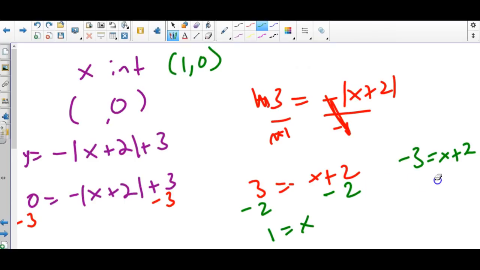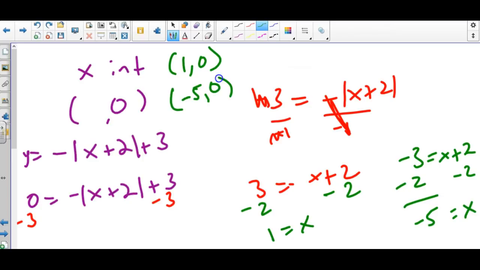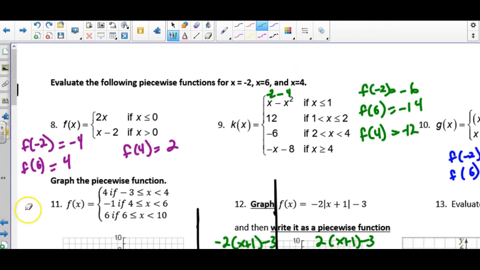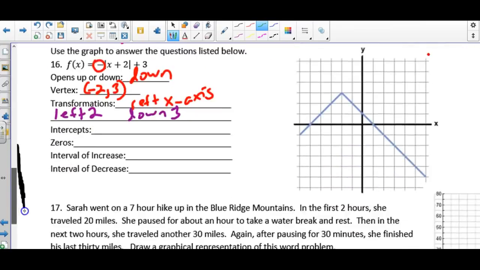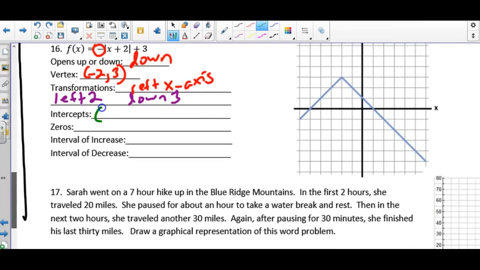And then you do this one over here. Subtract 2 on both sides and you're going to get -5. This is your other x-intercept, (-5, 0). So these are our x-intercepts, and since those are the x-intercepts, they're also the zeros.